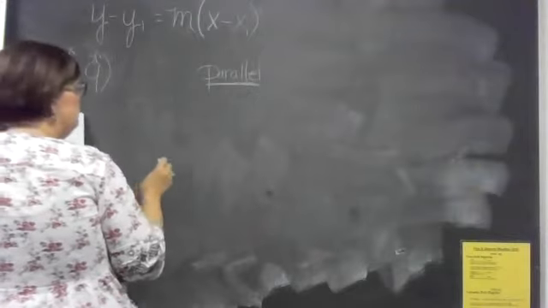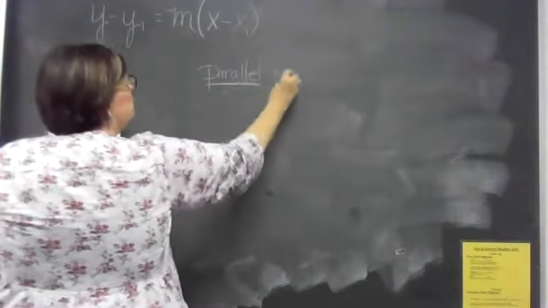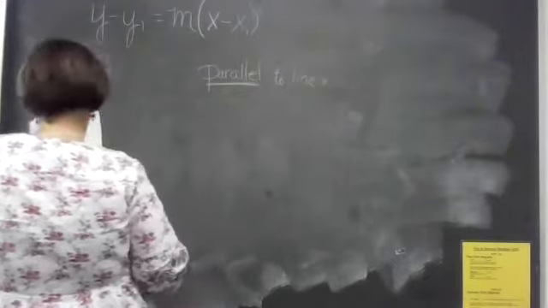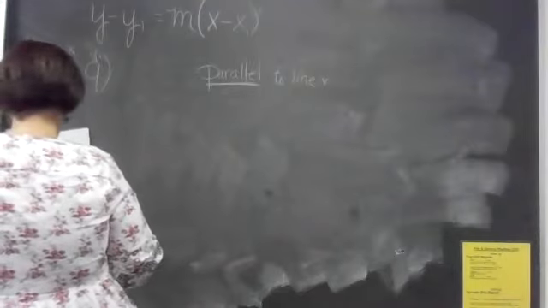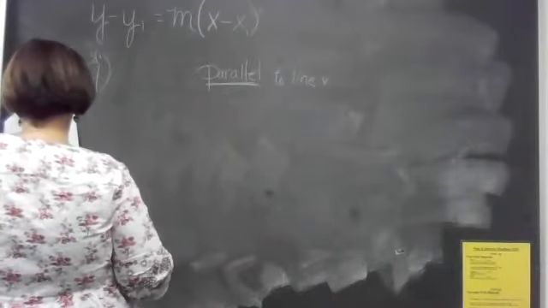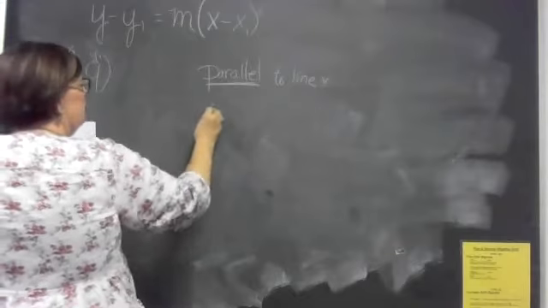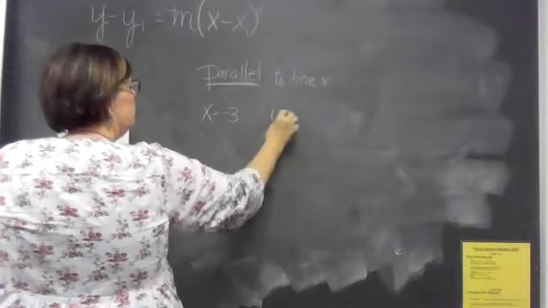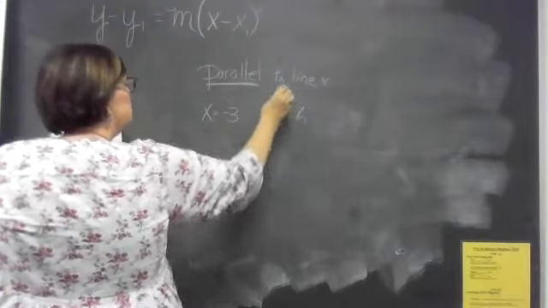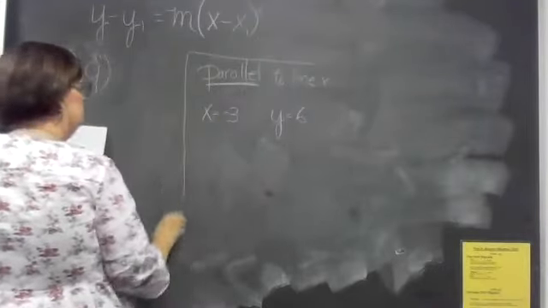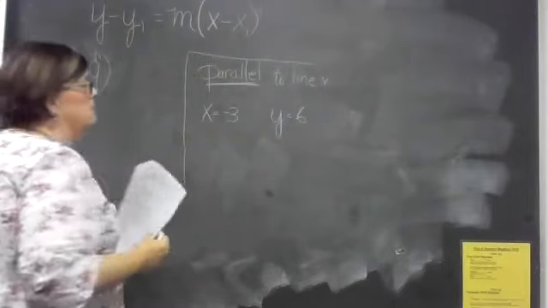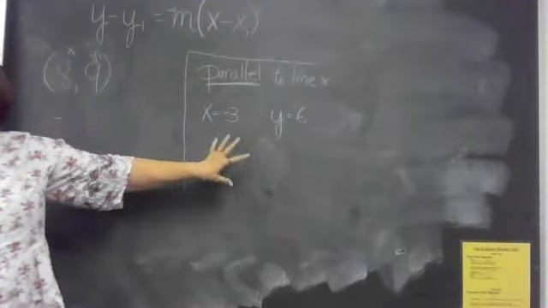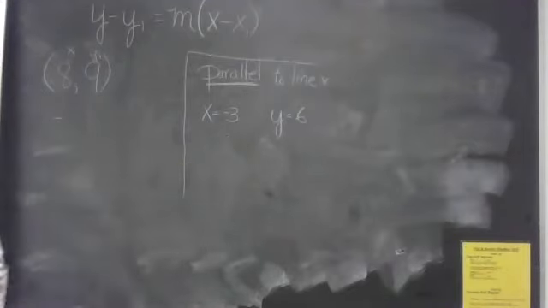The line V, parallel to line V, that cuts the X and Y axis at X equals -3 and Y equals 6. So this line, I just want the slope out of this stuff right here. I just want the slope, but it's worded differently.